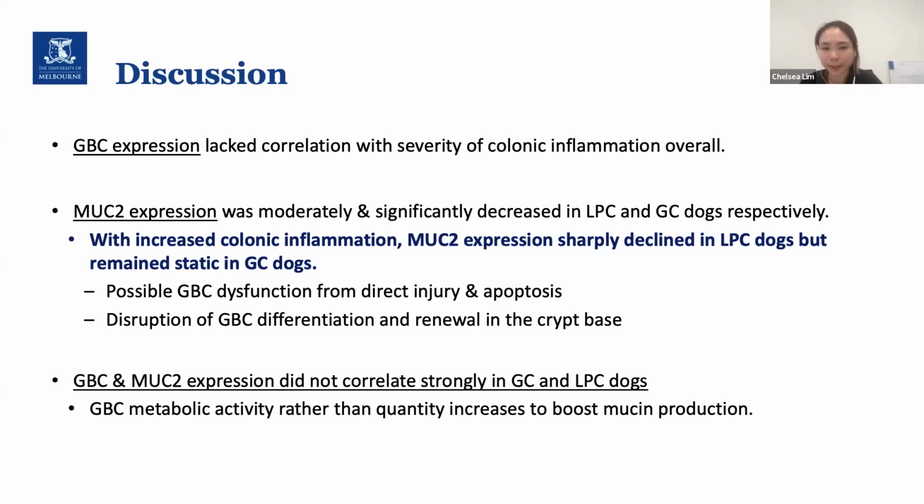This might indicate direct damage to goblet cells within the colonic epithelium and potentially stem cells in the crypt base, which are responsible for goblet cell differentiation and renewal. A final point would be that goblet cell and MUC2 expression did not appear to correlate significantly in GC and LPC dogs, suggesting that goblet cell metabolic activity rather than quantity increases to boost mucin production.